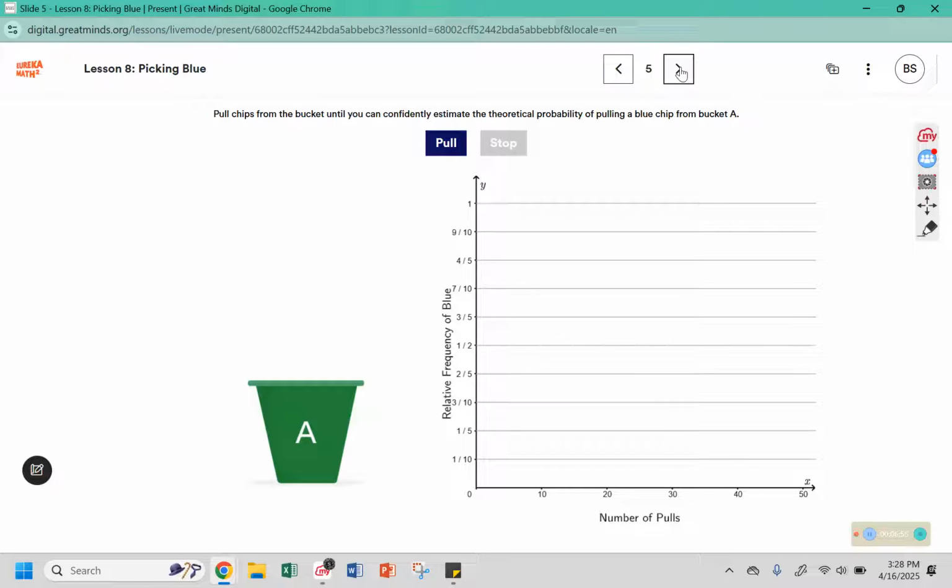Pull chips from the bucket until you can confidently estimate the theoretical probability of pulling a blue chip from bucket A. So I might do more than 10.